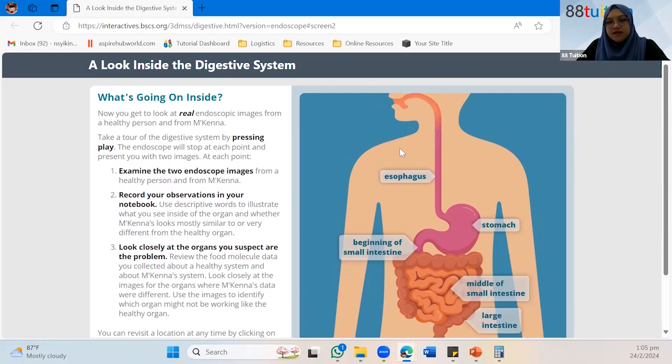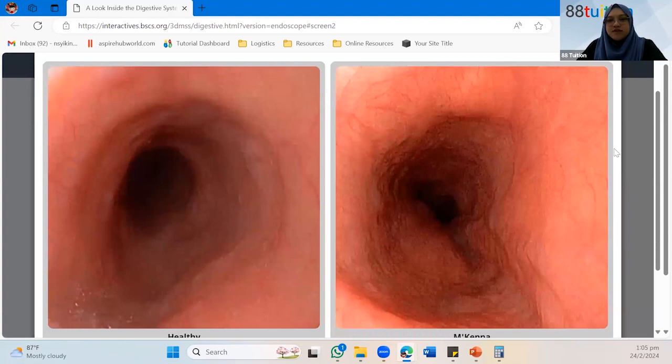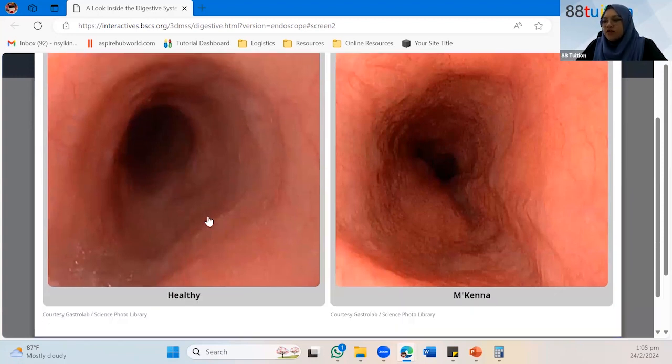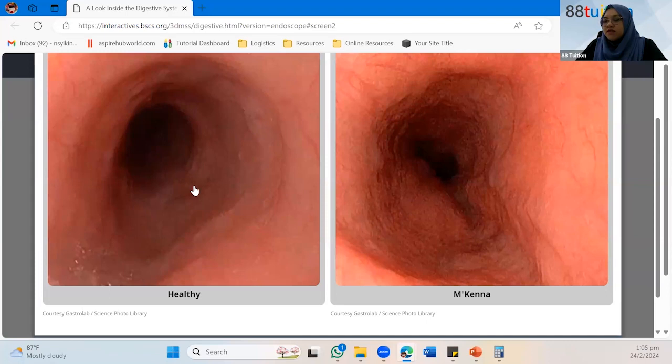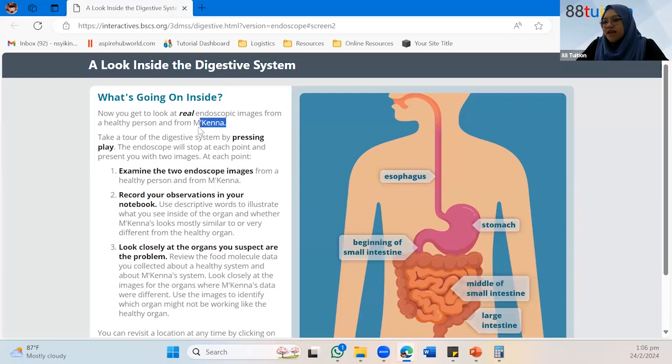So what's happening here is that when I click on all these parts, you will actually see two images. One image, I scroll down a bit, is of a healthy person, how the part looks like. And then this is a McKenna. McKenna, if you look at the context, is a person.